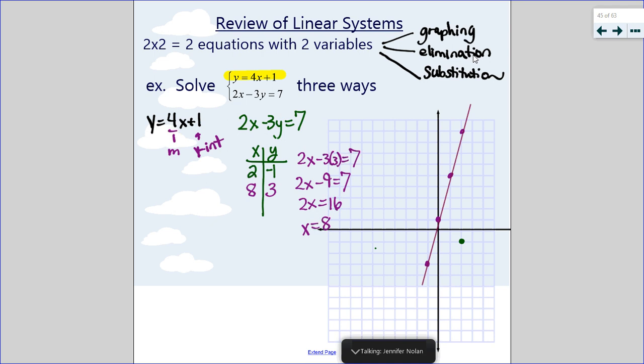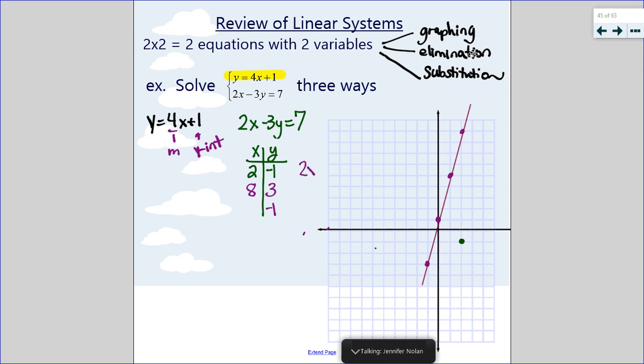Let's see. Maybe I could try another one. If I pick y as negative 3, that's going to be really high. How about negative 1? Just trying to pick values that'll be on the graph.